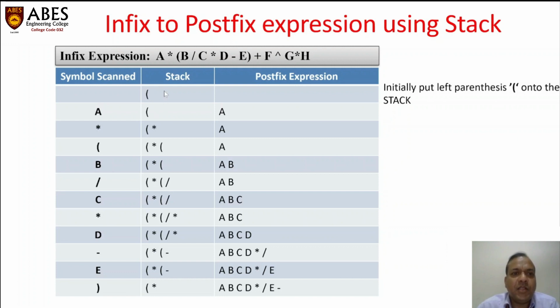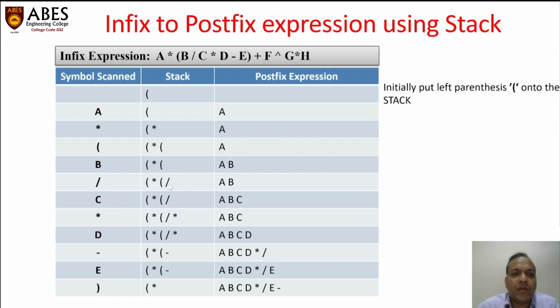So initially we put a left parenthesis in the stack. Then when A occurs, A will be kept in the postfix expression. Then star occurs, star will be kept on the top of the stack. Then again a left parenthesis occurs, it will be pushed onto the stack. Then B will be kept in the postfix expression.